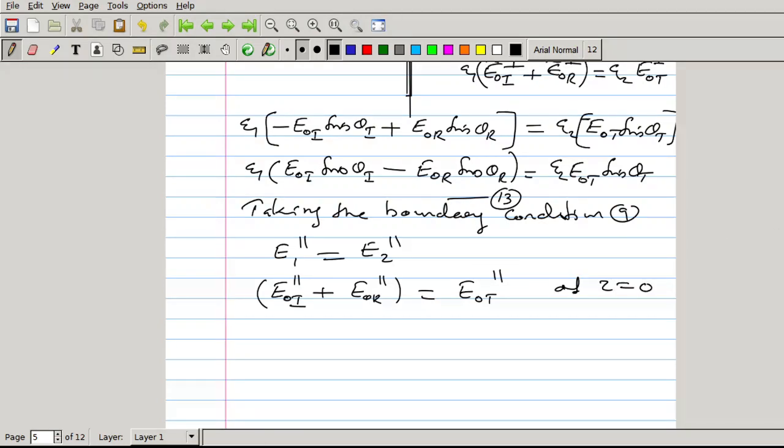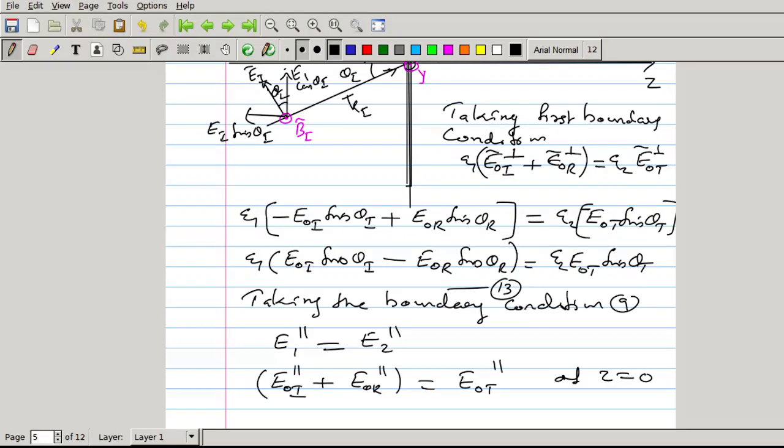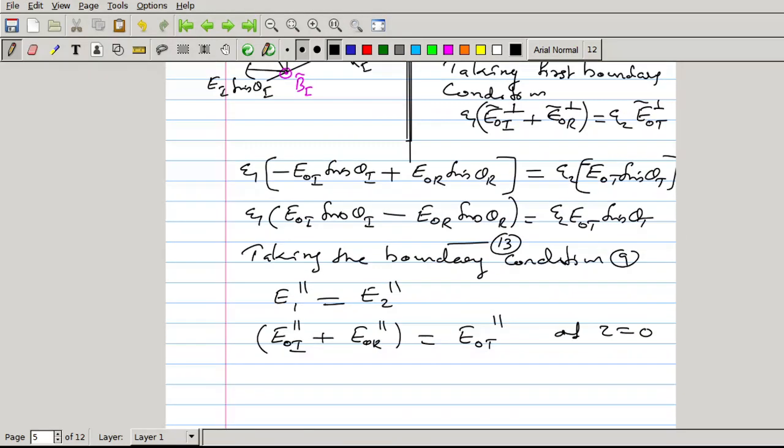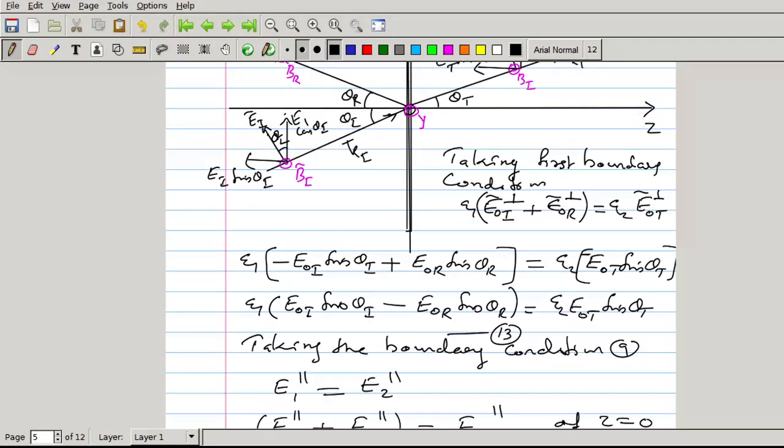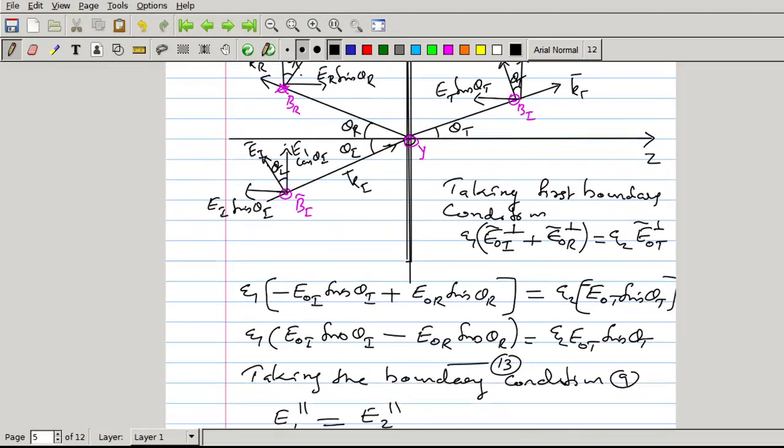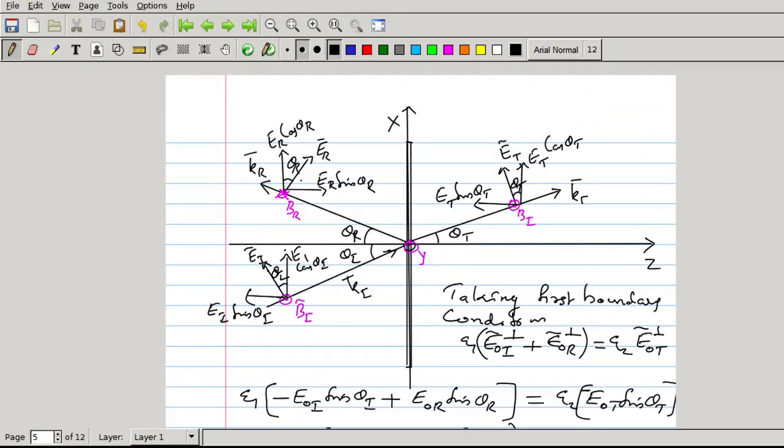The exponential terms will cancel each other because all the exponential terms are the same, as we discussed earlier. For the incident wave, the parallel component is EI cos theta I, where EI is E0I e raised to i(ki dot r minus omega t), but this exponential will cancel from all the terms.